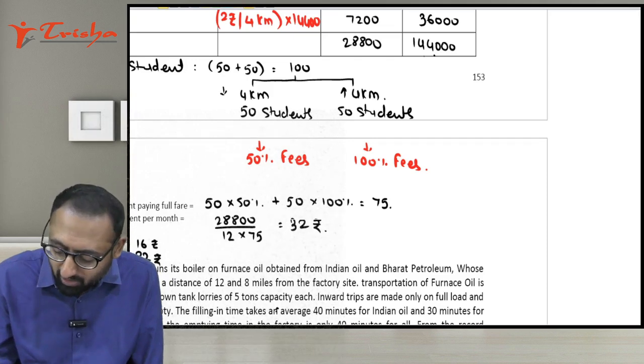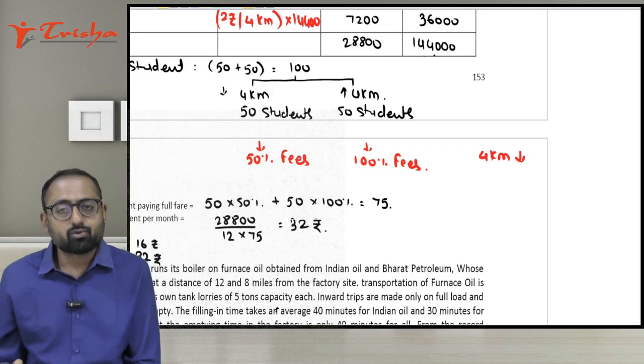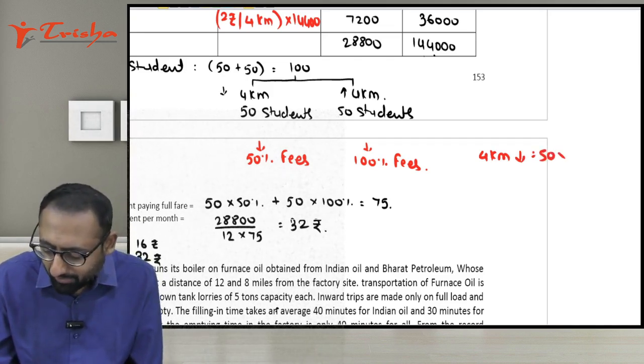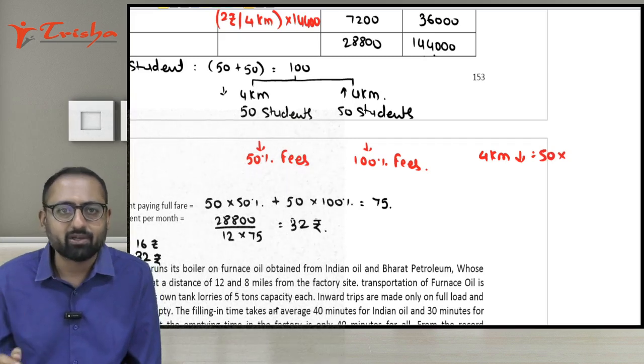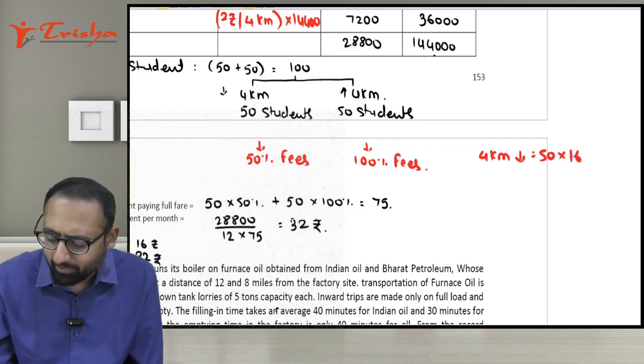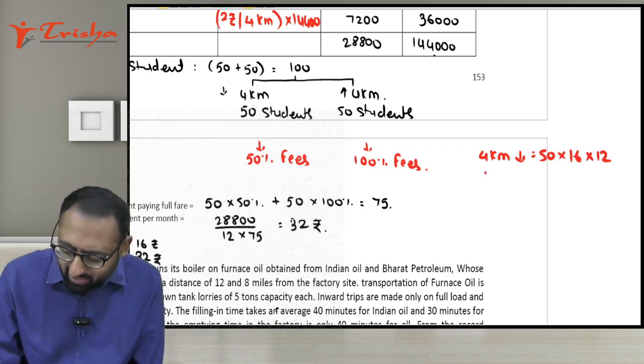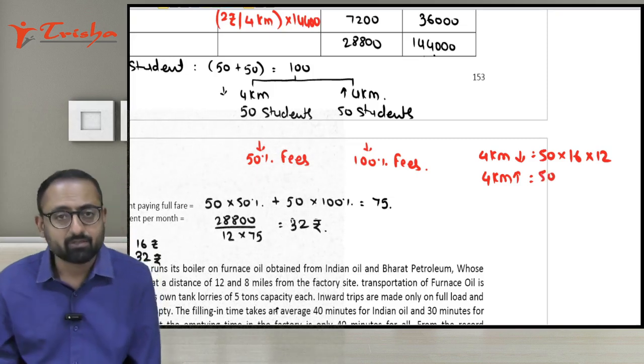So 4 kilometers, 50 students are coming within 4 kilometers from the school. Okay, so 50 students multiplied by, you're charging only half fare, and half fare we have calculated as 16 rupees, multiplied by 12 months. And the students coming beyond 4 kilometers from the school, they are in all 50 students.